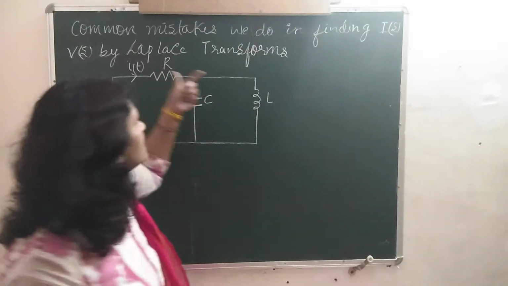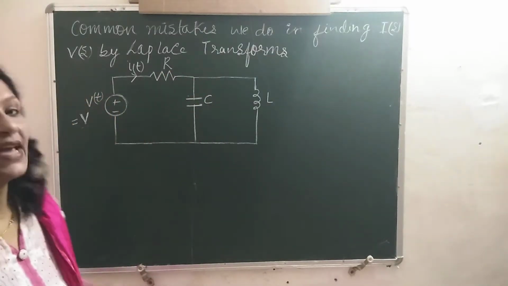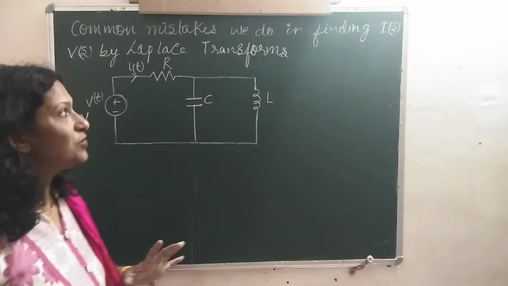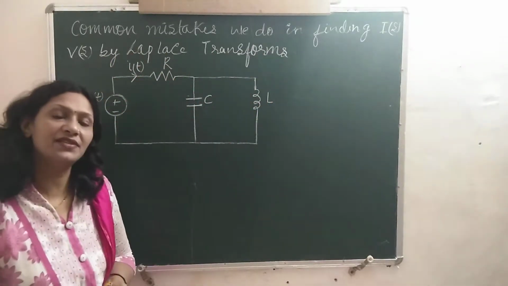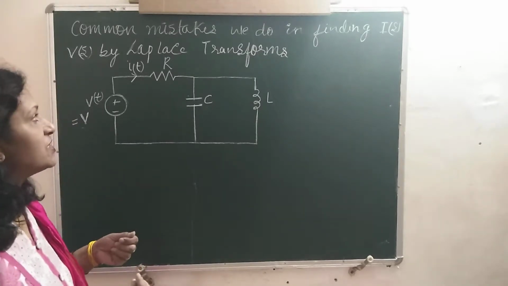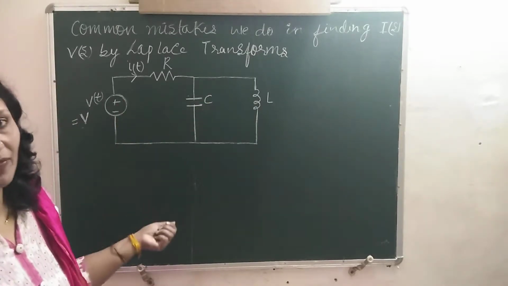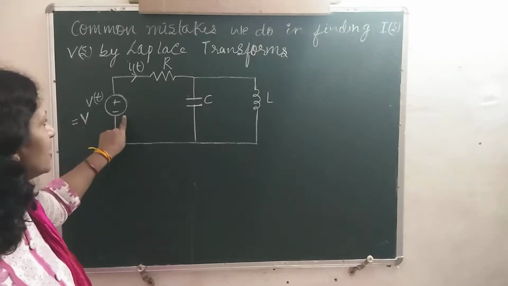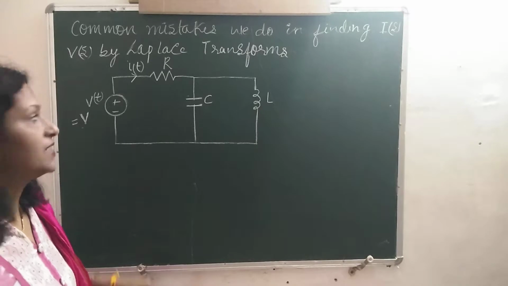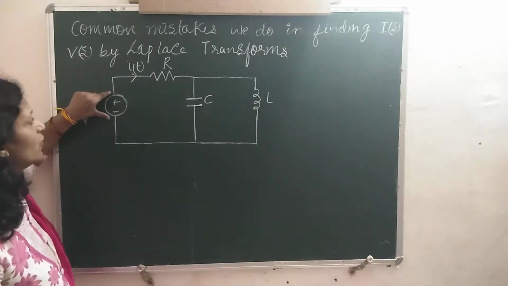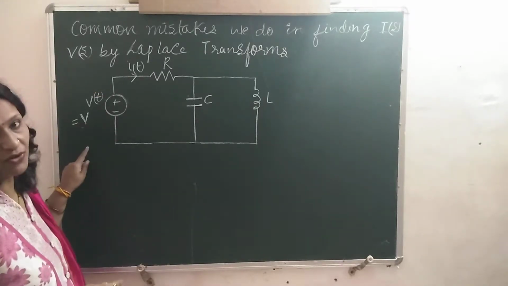This video is about mistakes that students usually make while finding Is or Vs using Laplace transforms. So the first step is to find the Laplace transform of the given circuit. We will find the Laplace transform of each and every element present in the circuit. Suppose the given voltage source is a DC voltage source.